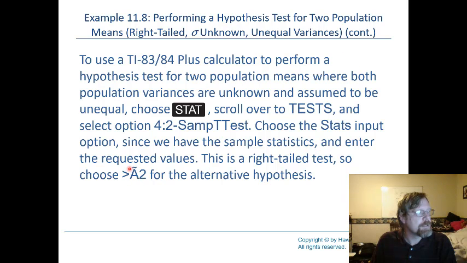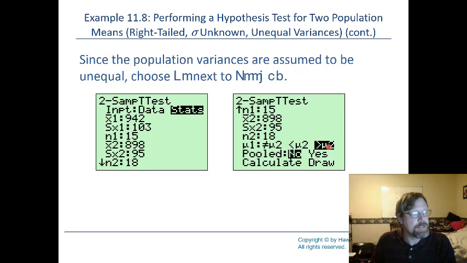Okay, so this is a font. Please ignore the font that didn't load correctly. That should be a mu, as you can see here, greater than mu 2. So your test is that mu1 is greater than mu2. Population mean 1 is greater than population mean 2.